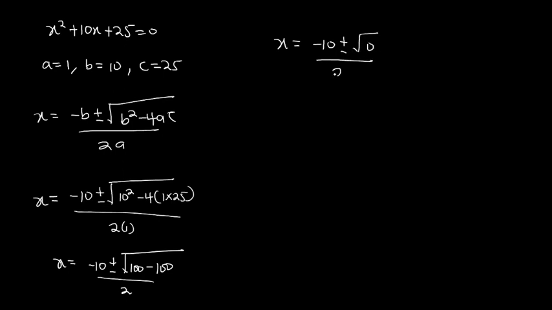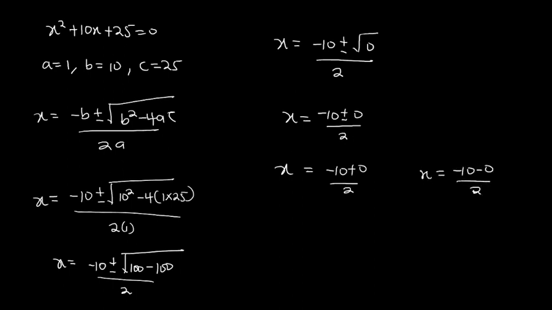So x is equal to root 0, which is still 0, so I'm going to have minus 10 plus or minus 0 on 2. So my two x values are minus 10 plus 0 on 2, and the other x value is minus 10 minus 0 on 2.